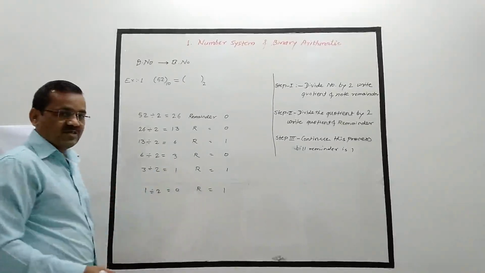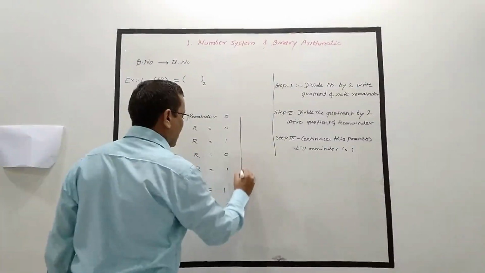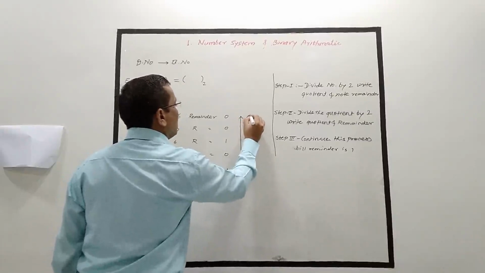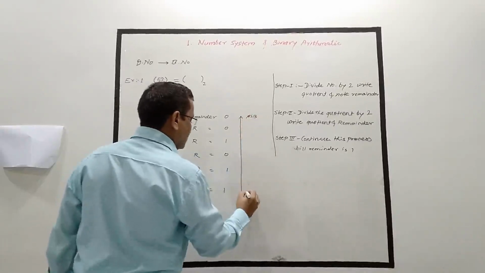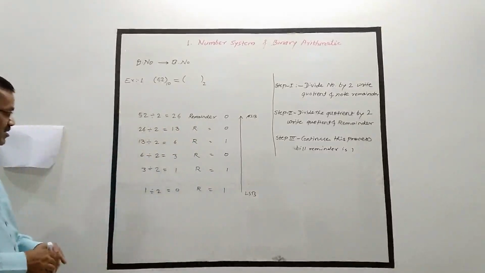Note the remainders from bottom to top. This is the MSB and this is the LSB. Note down the remainders.